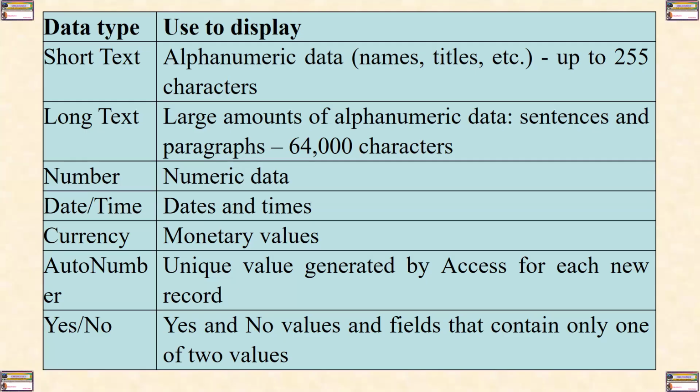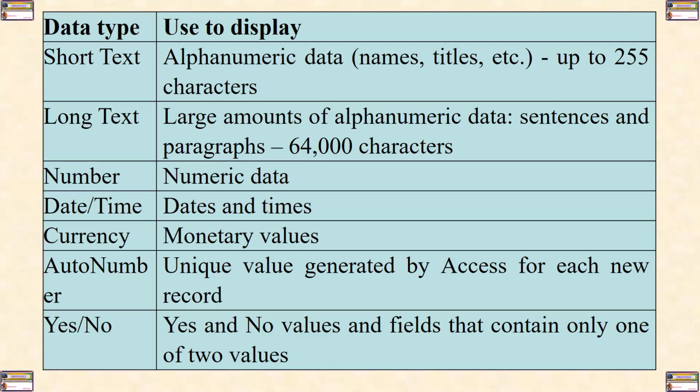The other type of data type that we can use is what we call number. The number data type is used for holding numeric data, that is simply numbers composed of 0 to 9 in any form of combination. The next data type is date or time.